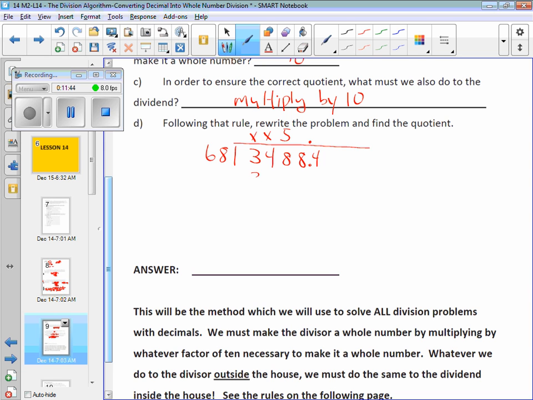Yep, 340. I get a difference of 8. And then I have to bring down the 8. All right, well, what about 68 into 88? Yes, only once.